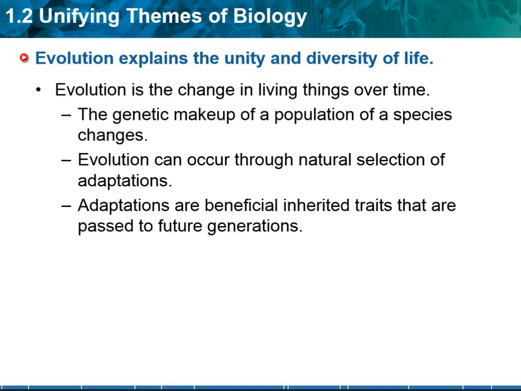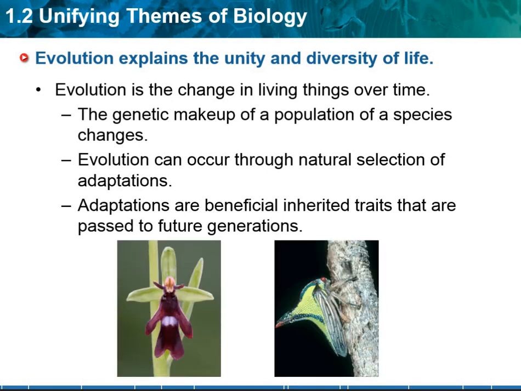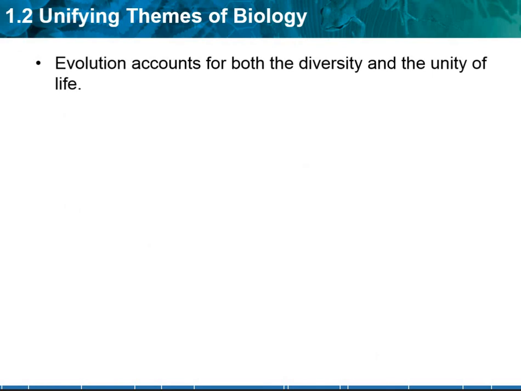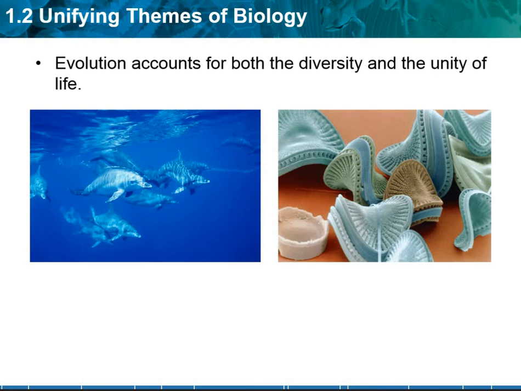Adaptations are beneficial, and you end up having inherited traits that are passed on to future generations. Evolution can account for both the diversity and the unity of life. And that's the end of section 1 and 2.